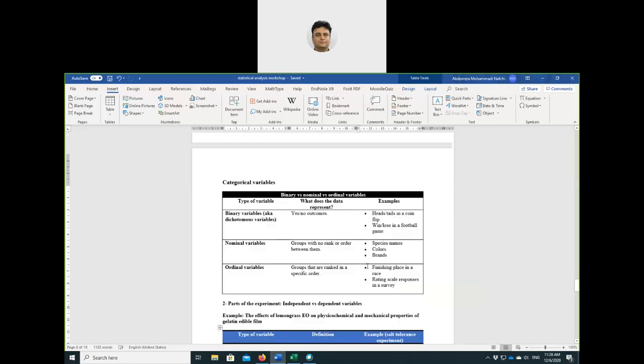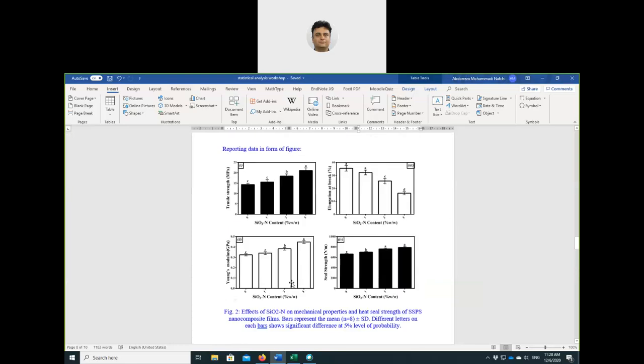Here you can see the concentration of nanoparticle is originally quantitative, but I am changing this one as categorical: 0%, 1%, 3 and 5. So I must draw a chart by bar chart. I cannot do it as a line because I have not covered between 0 and 1. I don't know what's happening here.